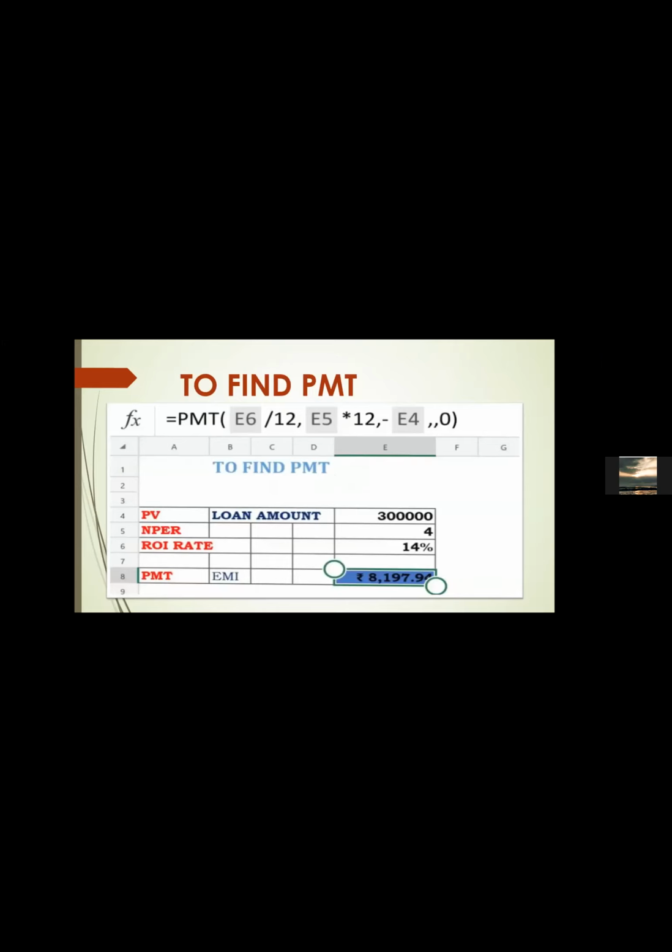To find PMT: PV 3 lakhs, number of periods 4, rate of interest 14%. PMT is equal to PMT(E6/12, E5*12, -E4, 0).